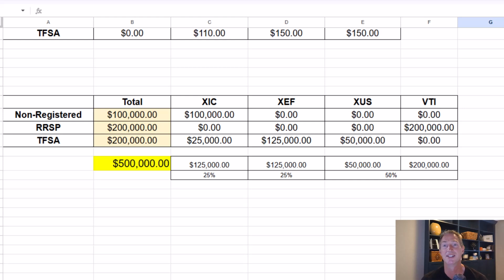So really I use my TFSAs as my balancing, and I use my non-registered for my Canadian portion and my RRSPs for my US portion in USD. That's just something that I do to save myself as much tax as possible. Again, it's probably a lot easier if you just hold an asset allocation ETF and fill it up evenly. But again, I like to try to maximize every dollar that I can.